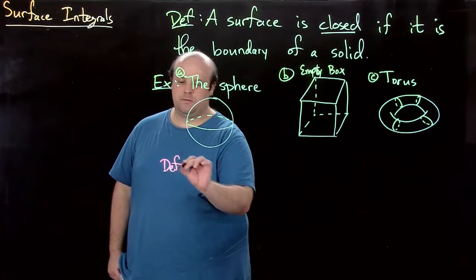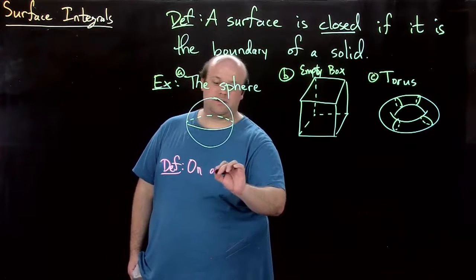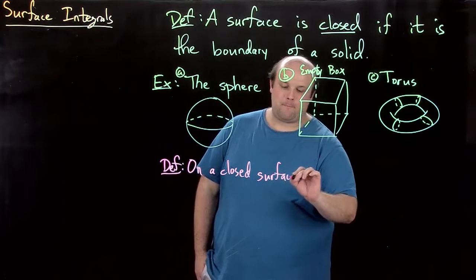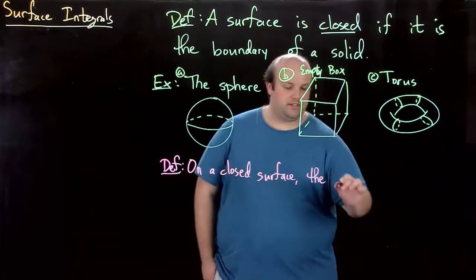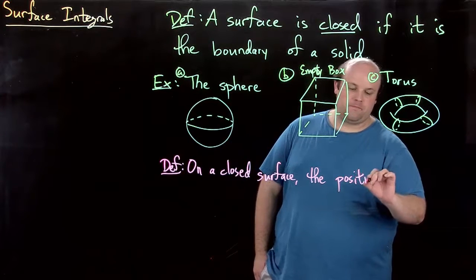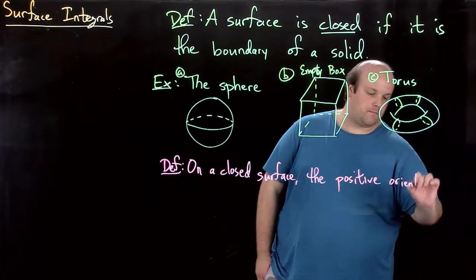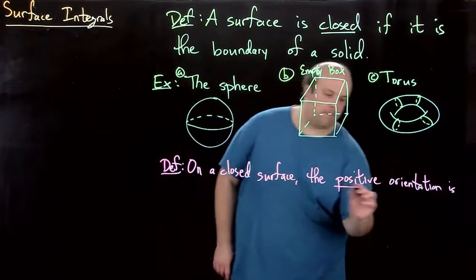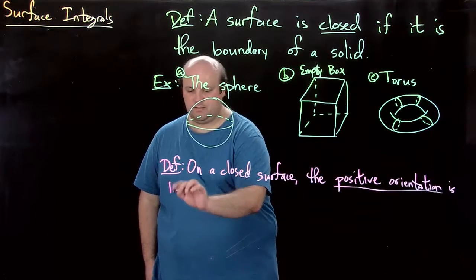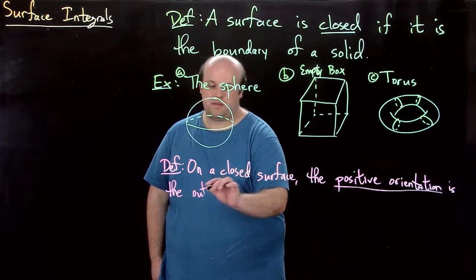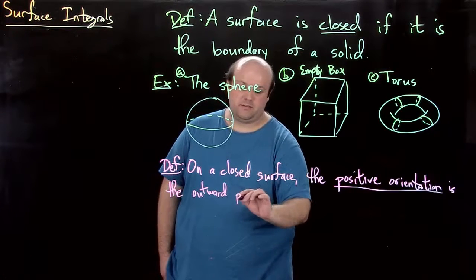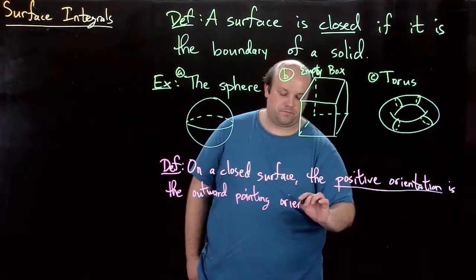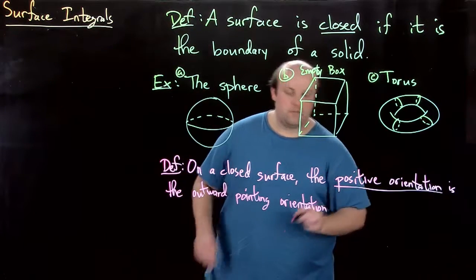Definition: on a closed surface, the positive orientation is the outward pointing orientation.